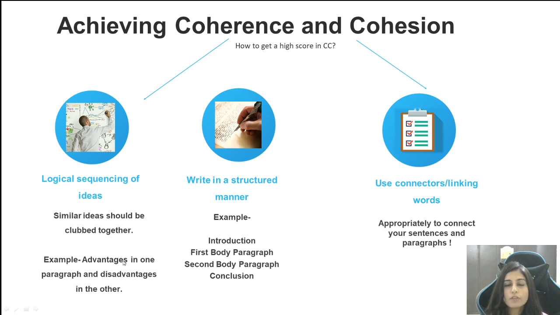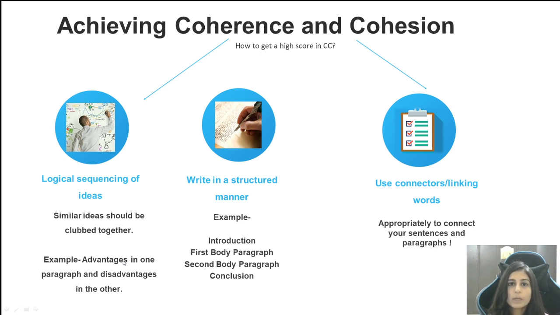Imagine how confusing the sequence would be for the reader. They will not understand whether you're focusing on advantages or disadvantages. So this is what we should be making sure, that whatever ideas we write, those ideas should be relevant. Only if they're relevant, we score good in our task response parameter.